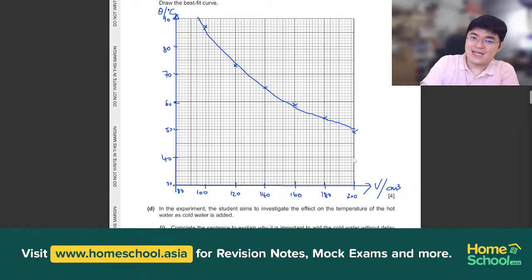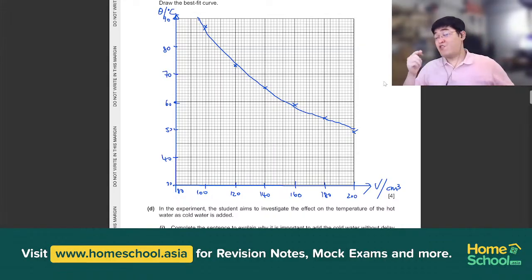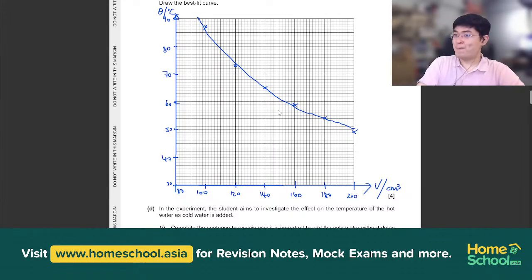And finally, the last mark is given for a nice thin continuous line of good judgment. Mine definitely doesn't make it, but please refer to the diagrams when you actually get it. And if you are drawing the curve, please bring a ruler or draw it using the flexible ruler for your graph drawing.